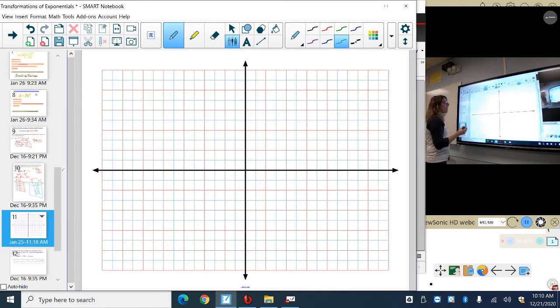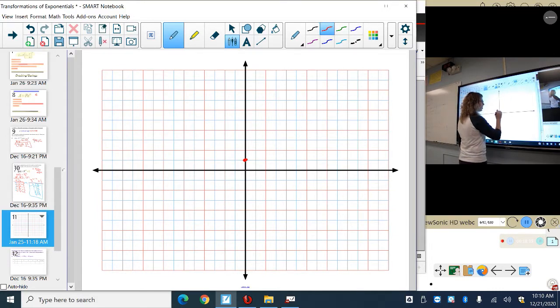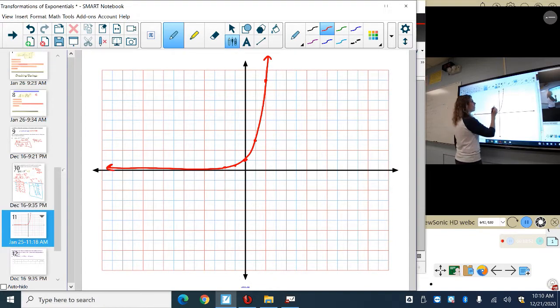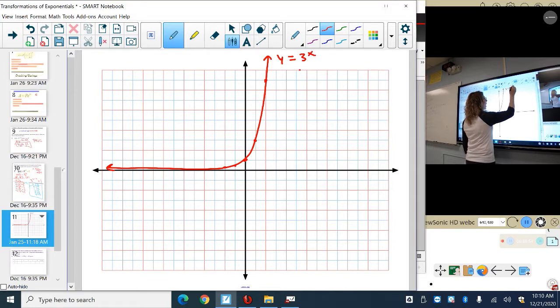Okay? And if you want, you can automatically graph the parent function first. 0, 3, then you can go ahead and say 1, 3, 2, 9. This is your parent function. This is y equals 3 to the x.